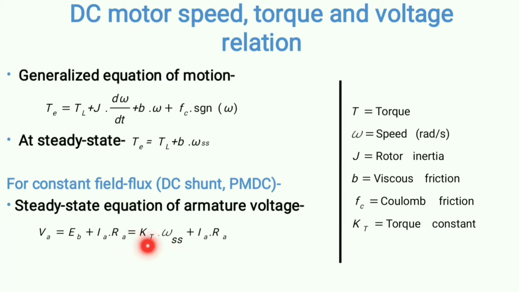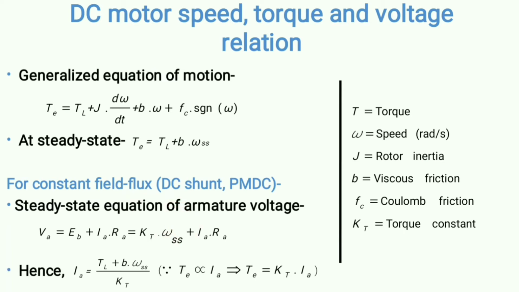Here KT is called the torque constant, but in case of a DC series motor there will be some modifications in this torque constant, so those things you can do on your own. I am just referring here to the constant field flux motor like a DC shunt motor or PMDC motor. So KT is the torque constant and omega is the steady state speed.